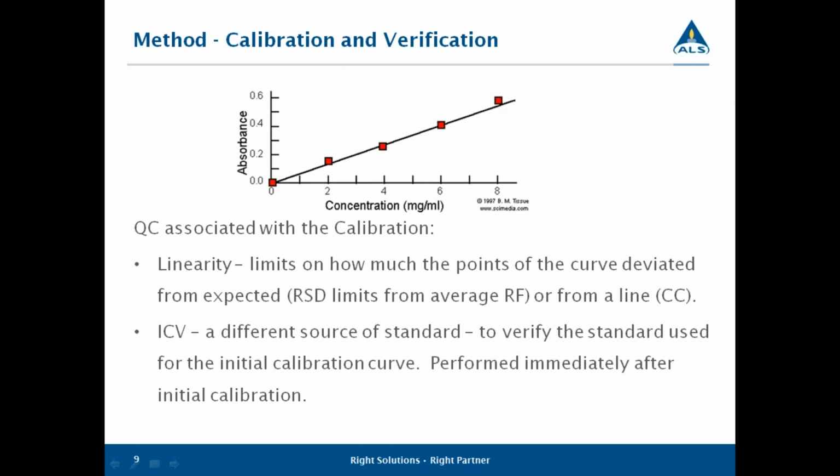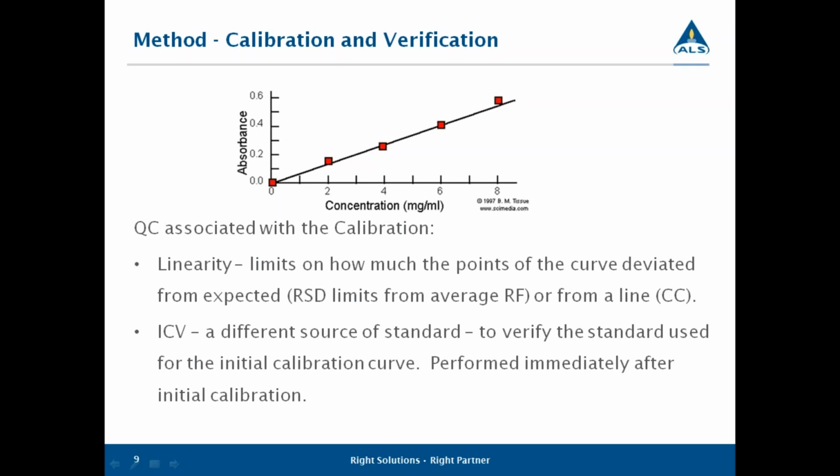And RSD, that stands for relative standard deviation from the average RF, which is the response factor. The response factor is a proportion of the response to the concentration. It should be about the same from point to point. Calculating the RSD, or relative standard deviation of the response factor, shows how much the points vary from the expected.